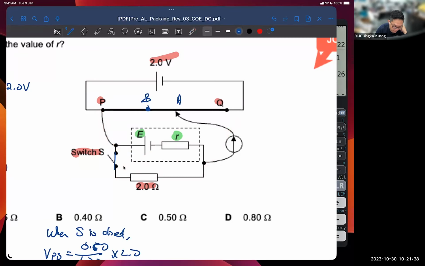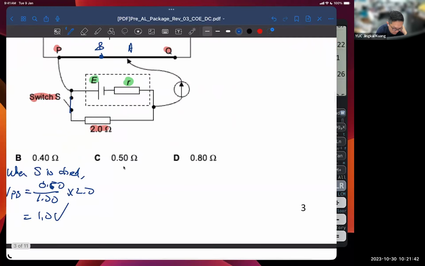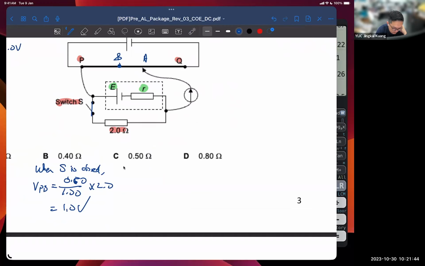You want to find the terminal voltage VT. So let's write: terminal voltage across cell is equal to VT. VT is equal to 2.0 over 2.0 plus r times E.